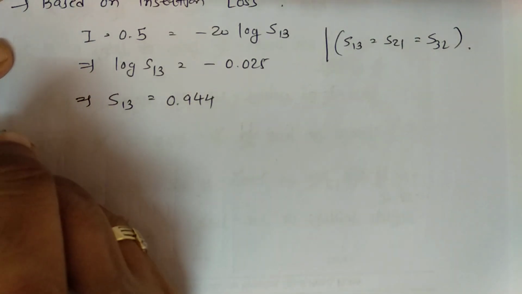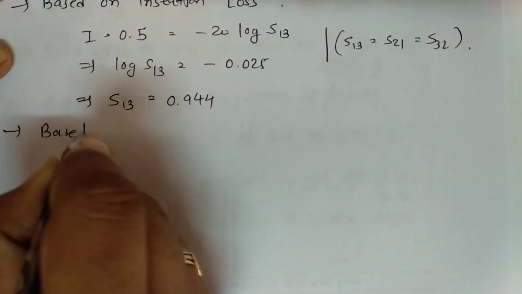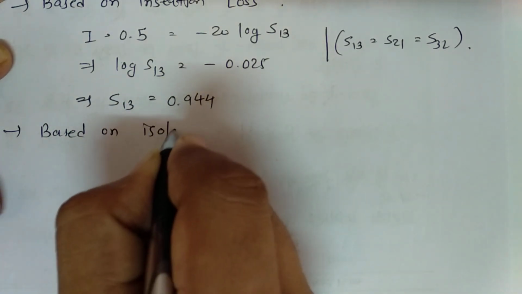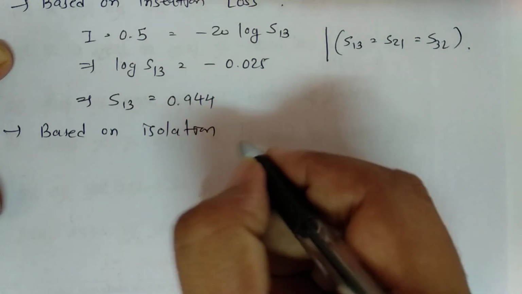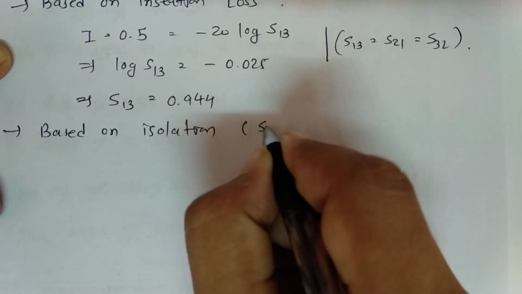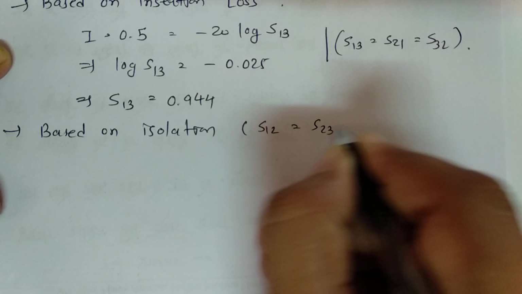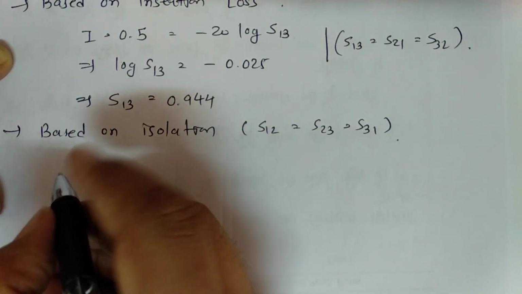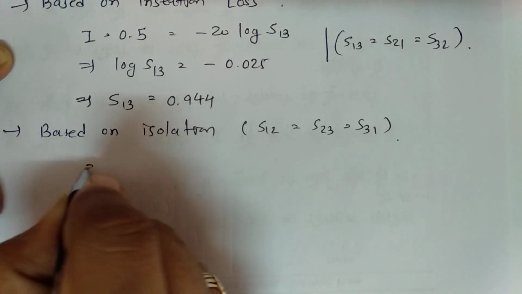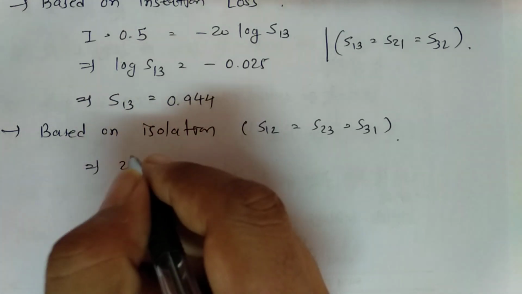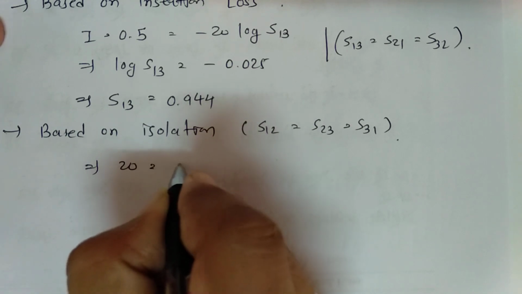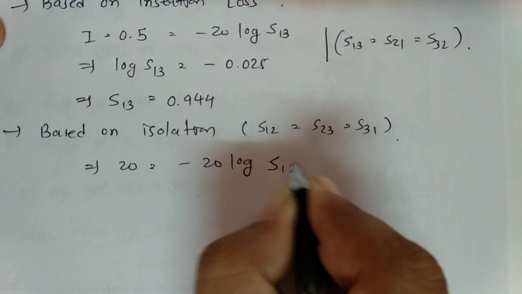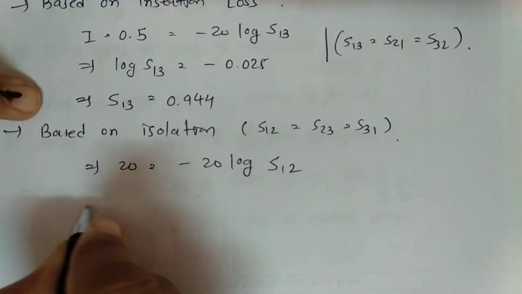So based on isolation, we can have S12 equals S23 equals S31, and here isolation is given by 20 equals minus 20 log of, let us say, S12, and these three are the same.